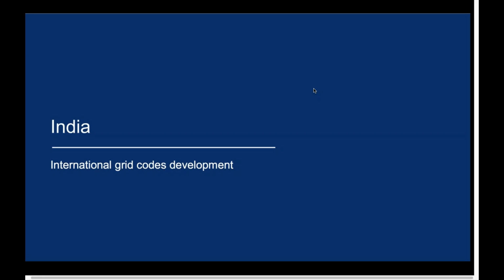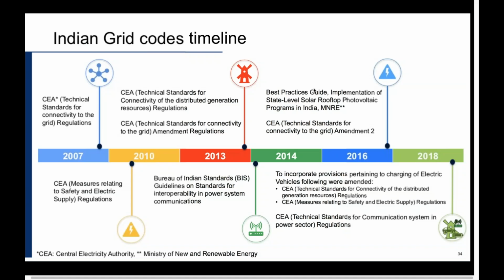Going to a specific example in India, because I have been a part of a few efforts in India. With my reference, I'm trying to say, how is India taking care of increased penetration in renewables? India, as you can see, is governed by CEA.